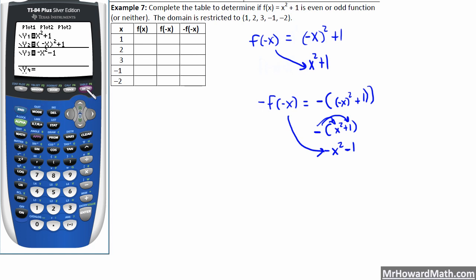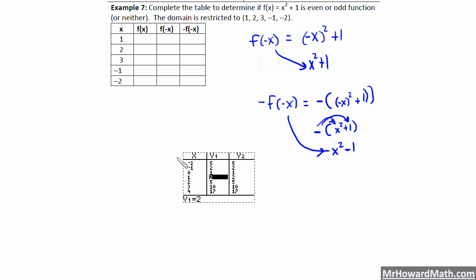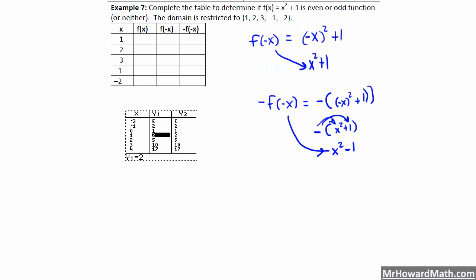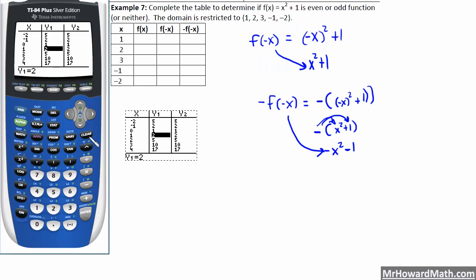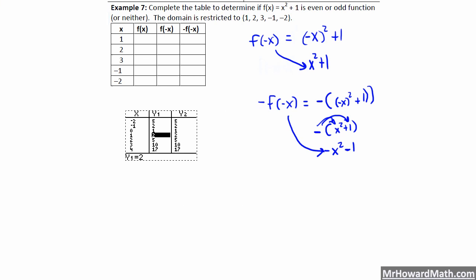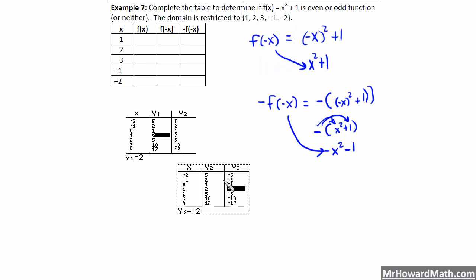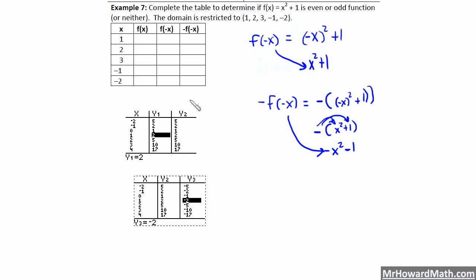Okay, so let's just fill these in. Let's make this a little bit easier and just drag this over, paste it in. So there's y1, y2, and let's get our y3 table in here now, and we'll drag that over here, paste that in, and then it'll make it nice and quick to fill these values in.